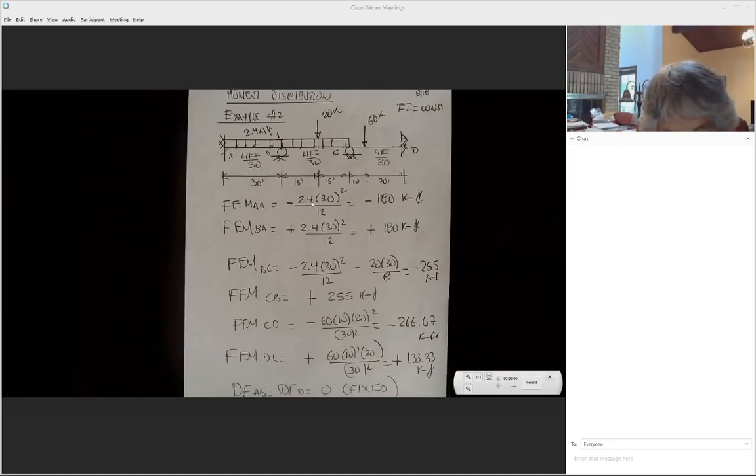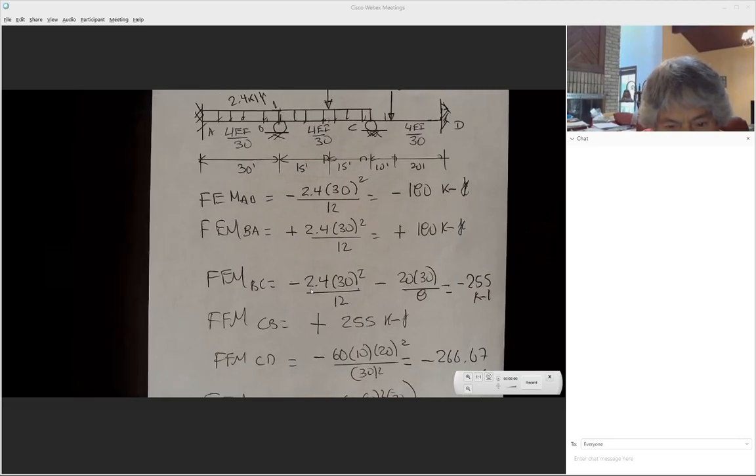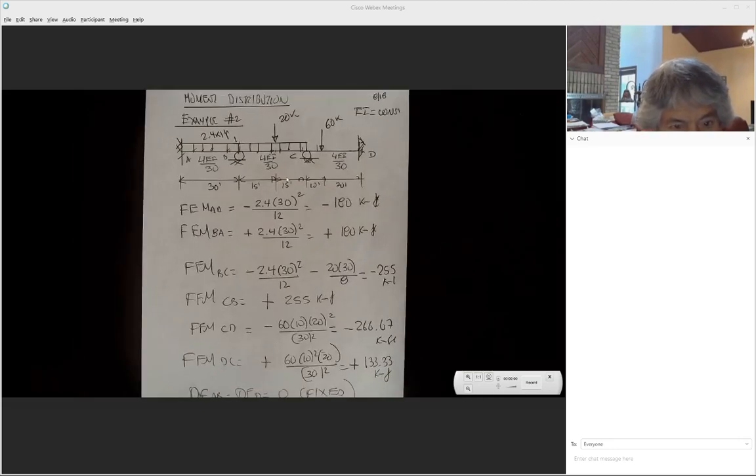WL squared over 12, negative on the left. WL squared over 12, positive on the right. The same in this span, where you know there are two types of loads, a uniform and a point load. That's why on the left hand side we have WL squared over 12, and we need to have PL over 8.